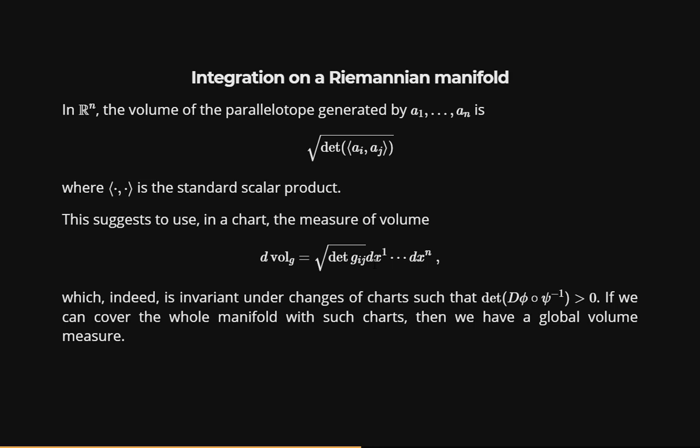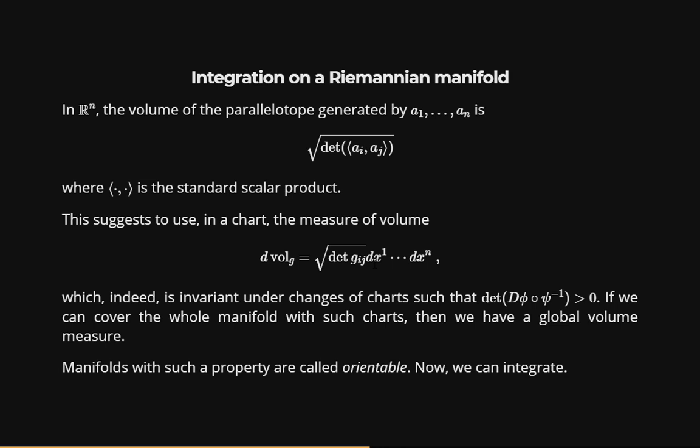If we can cover our manifold with charts such that when they overlap, the change of coordinates has a positive Jacobian determinant, then we have a global volume measure on our manifold, which locally coincides with the sensible one.